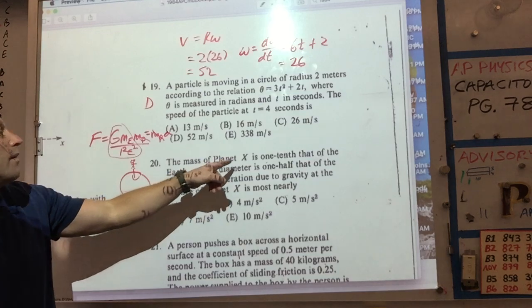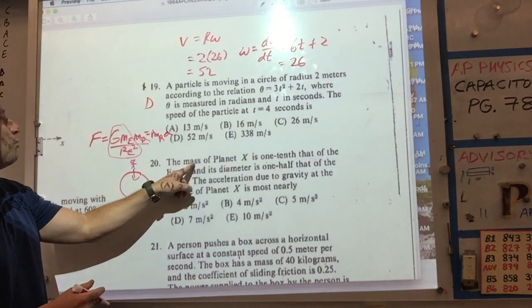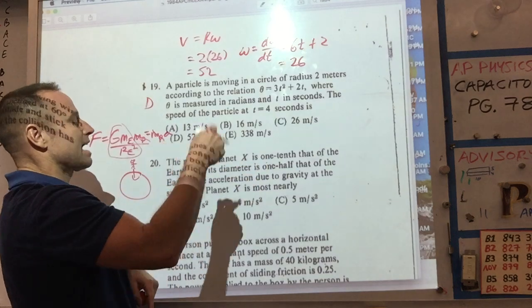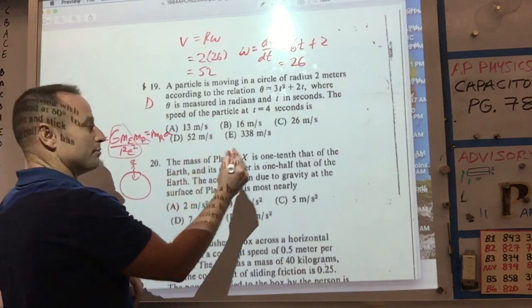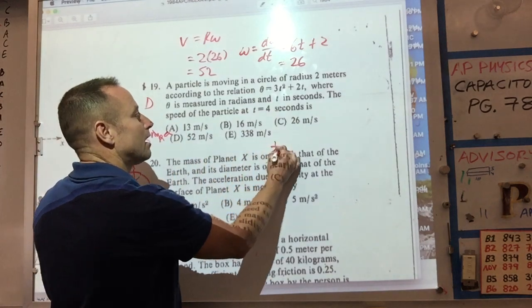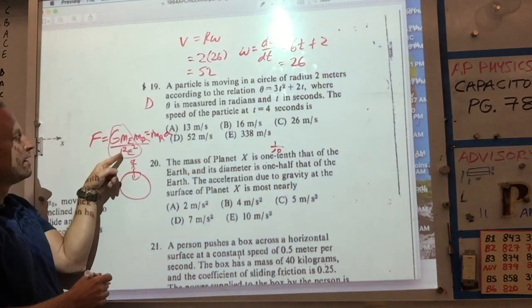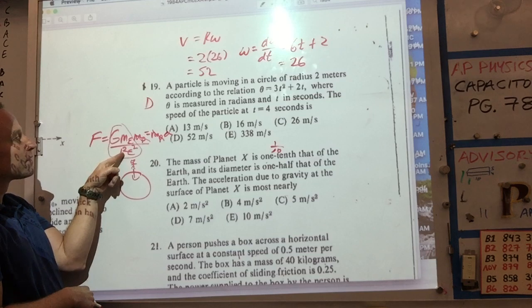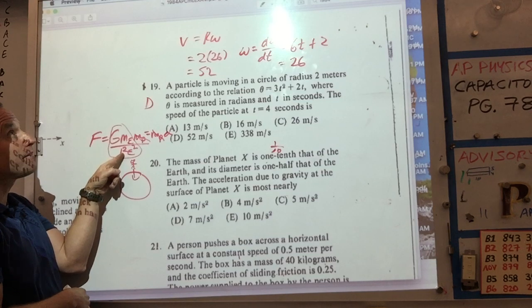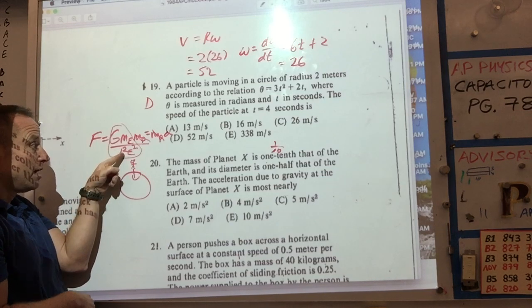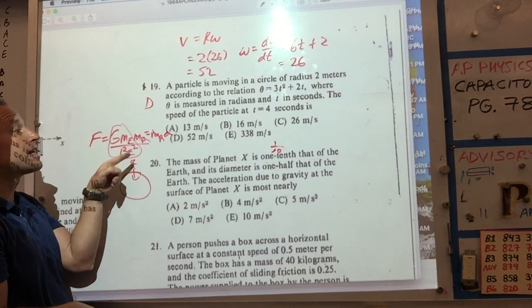Now what we've got to do is compare and see what happens. We go to some planet where the mass gets to be 1/10. That's going to knock down the acceleration by 1/10. And then the diameter is 1/2, so the radius is half. If the radius is half, we get an extra 1/4 in the denominator, so that would be 4 times bigger.